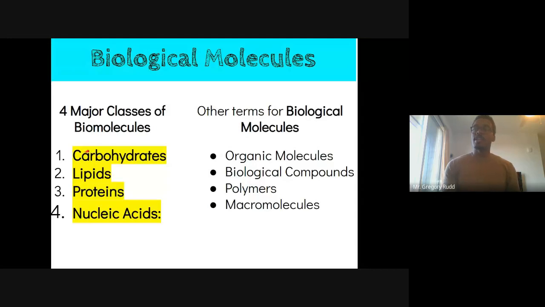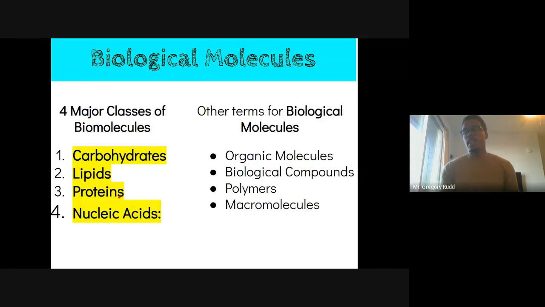You'll see carbohydrates because carbohydrates are needed to create energy. You'll see lipids because the cell membrane, which is the external layer of the cell, is made up of lipids. You'll see proteins because proteins are everywhere. Almost everything is made up of proteins, and the primary goal of most cells is to make some type of protein. We'll talk more about that.